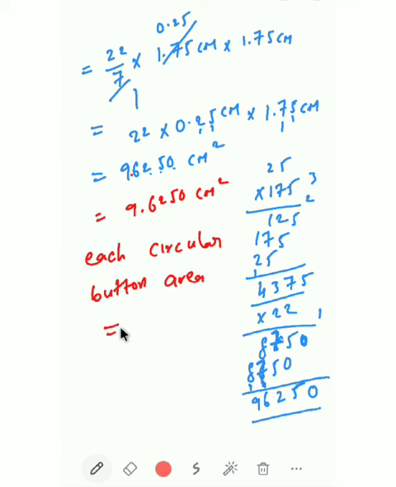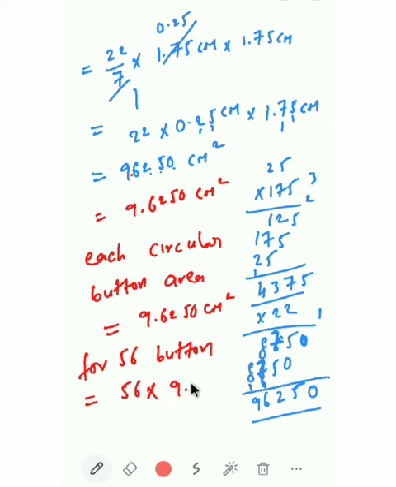We have 56 buttons, so what is that area? 56 into 9.6250 centimeter square. Let us take one more page.